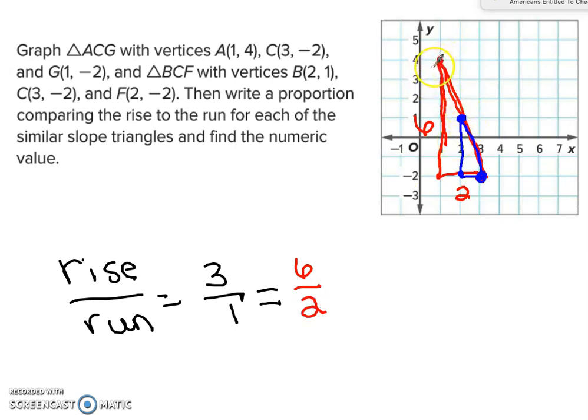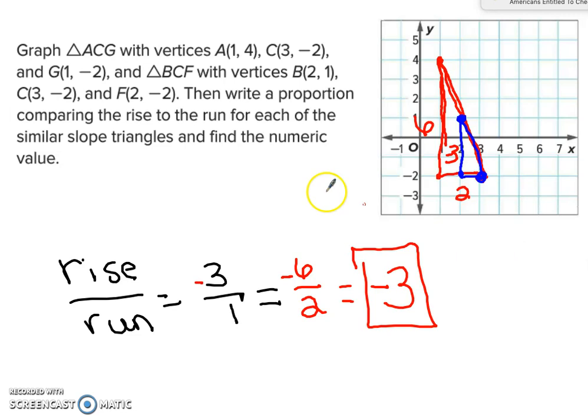Now I do need to see that here, if I go from here down, it's going to be a -3 and a -6 because I have a negative slope here. So it is going to be reduced down to a -3. So this is a -3 here. Okay. Finding the numeric value, reduce down.